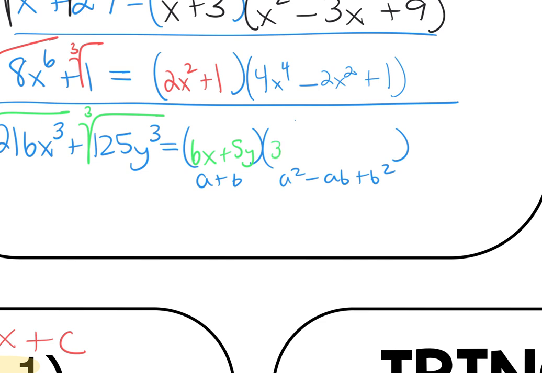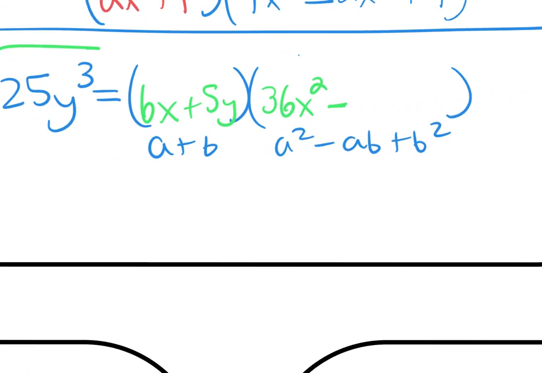That's 6x times 6x, or 36x squared, minus a times b. So 6x times 5y, that's 30xy, plus b squared. Well, your b value is 5y, so I'm doing 5y squared. That means 5y times 5y. That's going to give me 25y squared.